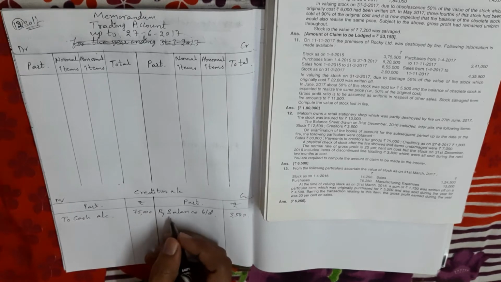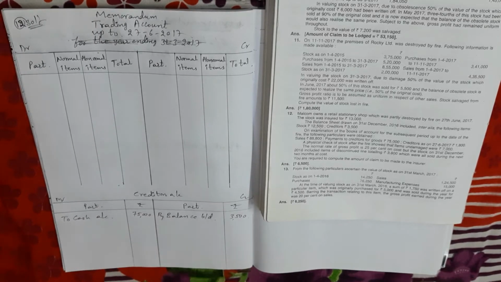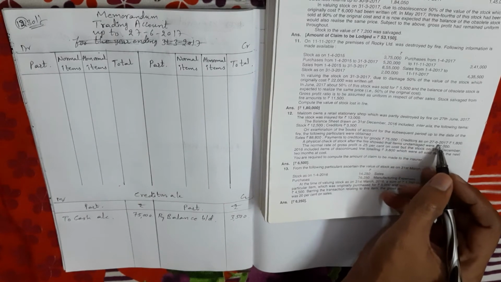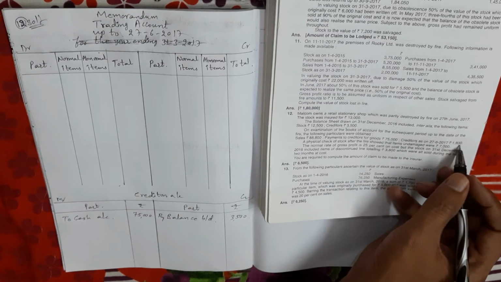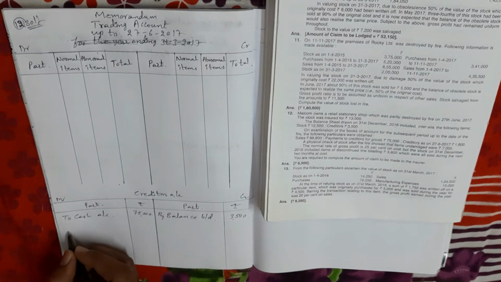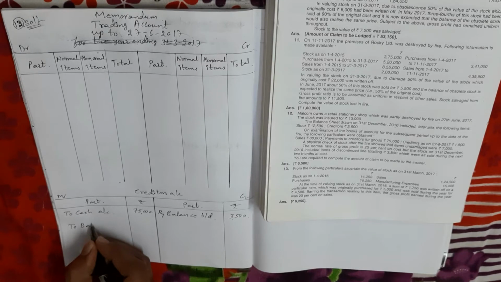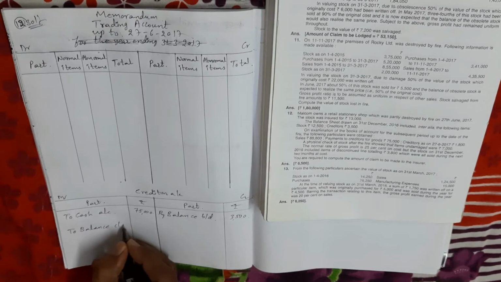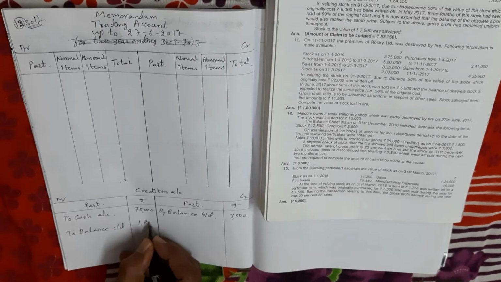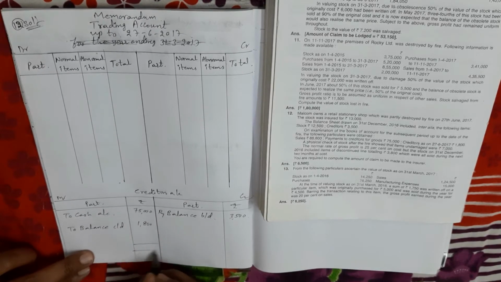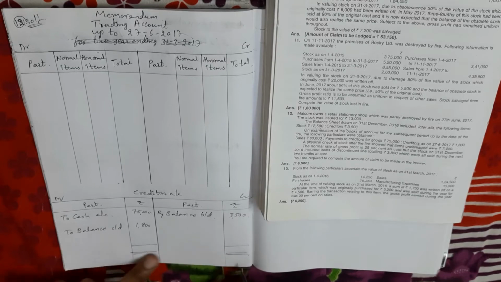So debit side, to cash account 75,000. Next, at the date of fire accident, see here creditors as on 27/6/2017 are 1,800 rupees. This is the closing balance up to the date of fire accident. So the closing balance we take on debit side as to balance carried down 1,800 rupees. So this is the creditors information. Now I am closing this account. The balance amount is the purchase amount.